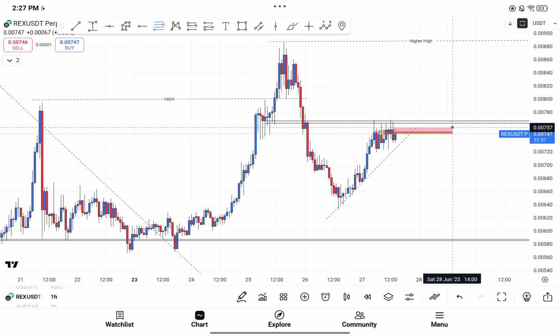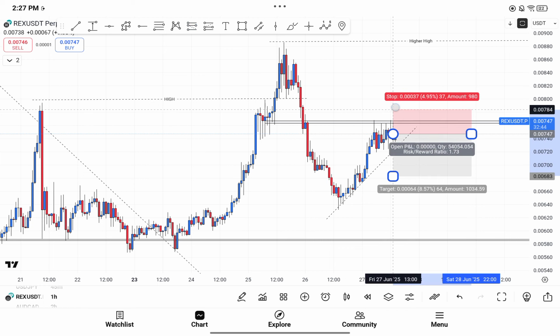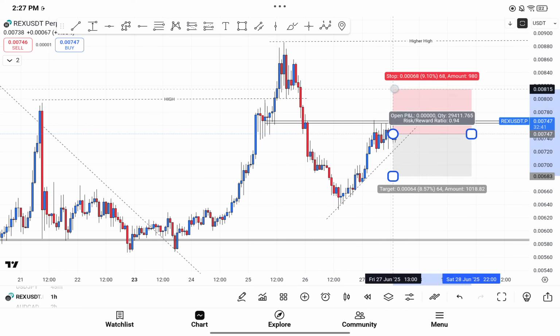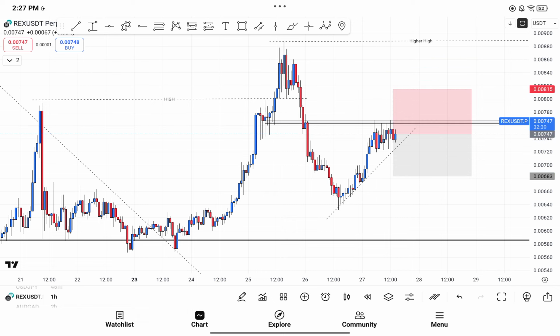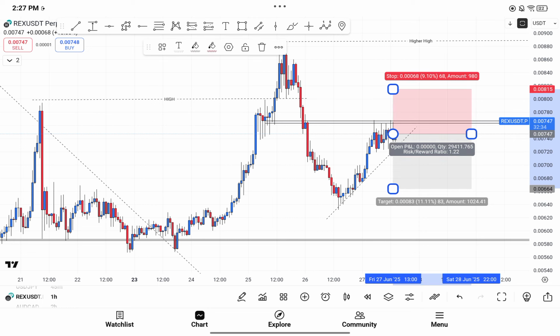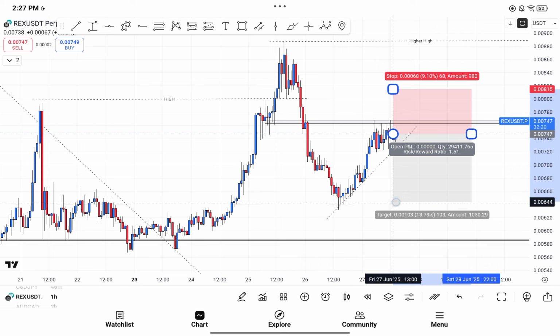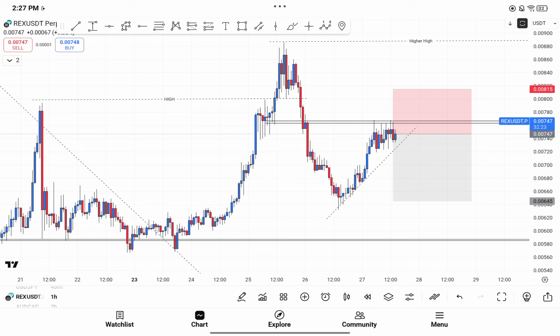If I'm to enter this market right here, my stop loss will be slightly above the previous high because of liquidity. This high right there, and I'm going to target a 1 is to 1.5 ratio. So this is basically my setup for REX USDT for short term.